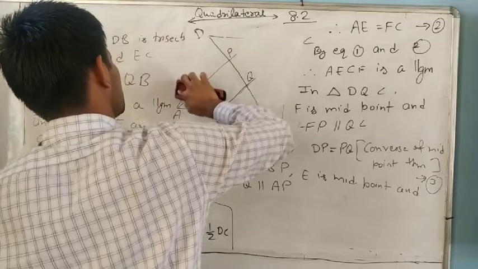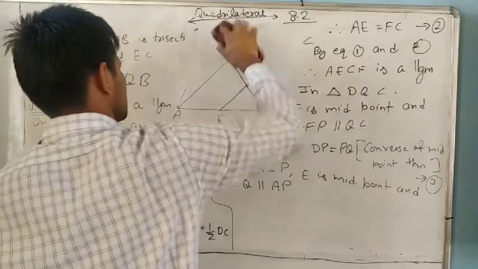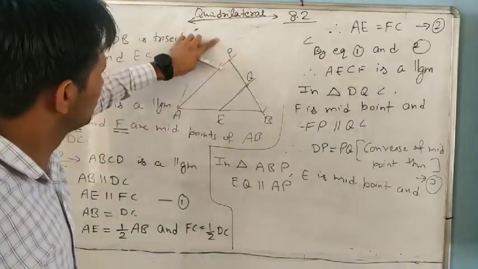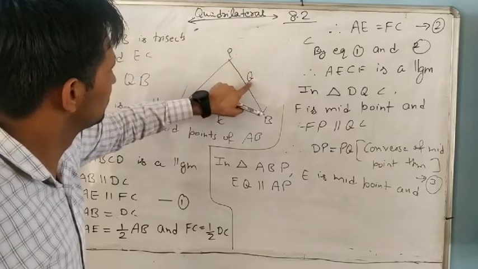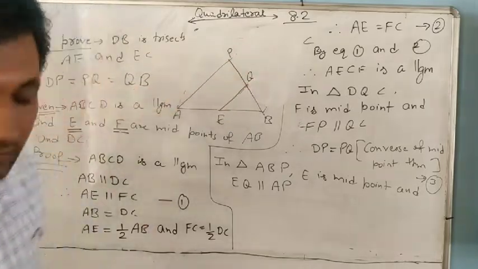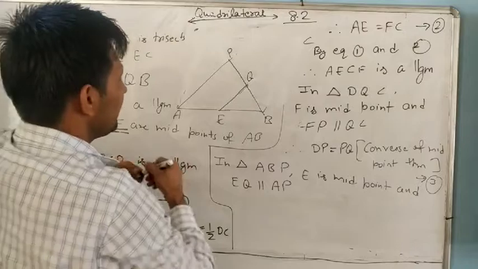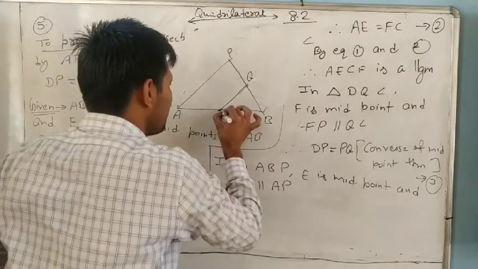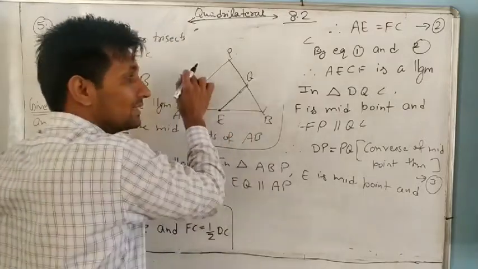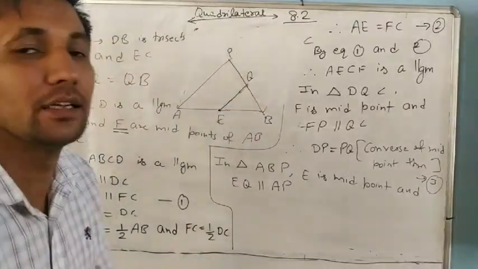You can observe here, in this triangle these two are parallel. E is the midpoint. A line through the midpoint and parallel to one side always bisects the third side.